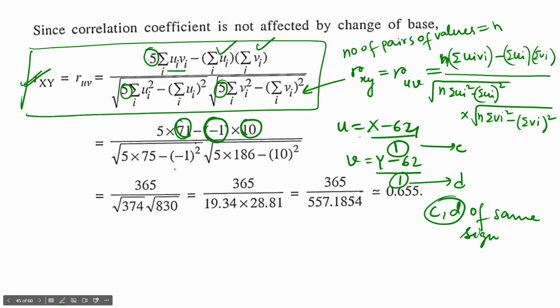So just put it here, 75 and 186, and summation ui, as I have already discussed, is minus 1, and summation vi is plus 10, and the whole square will be here, because the square of summation ui is the actual term involved in calculating the r.